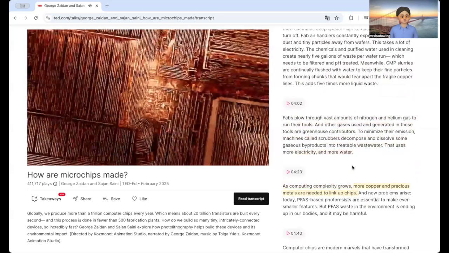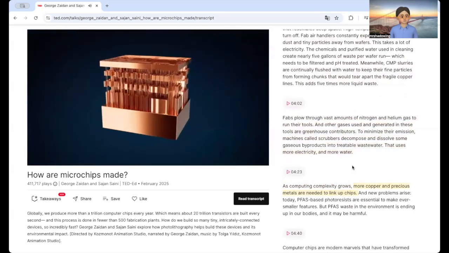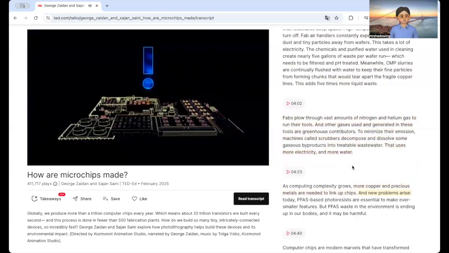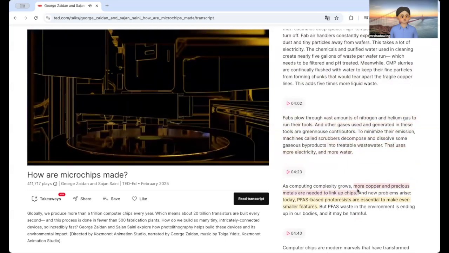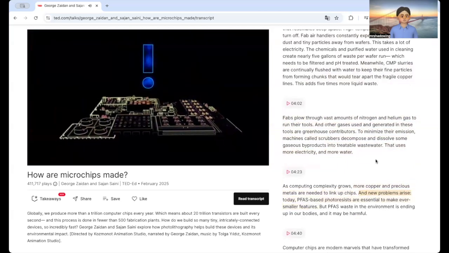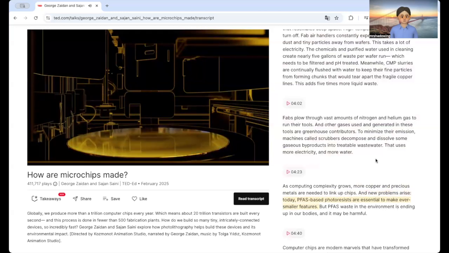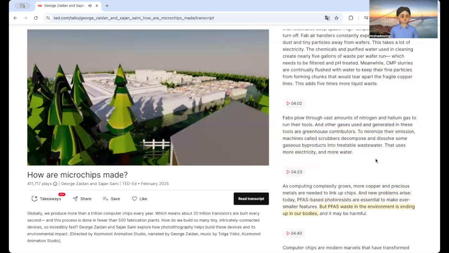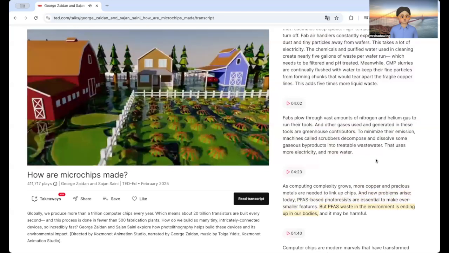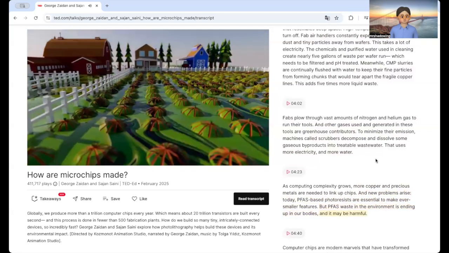As computing complexity grows, more copper and precious metals are needed to link up chips, and new problems arise. Today, PFAS-based photoresists are essential to make even smaller features, but PFAS in the environment is ending up in our bodies. It may be harmful.